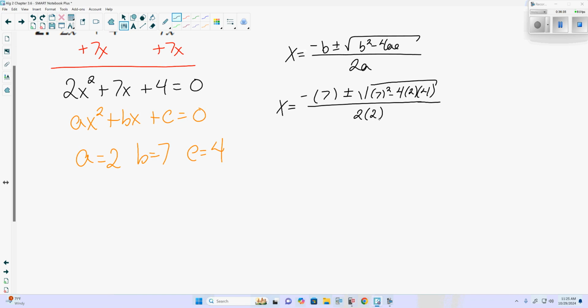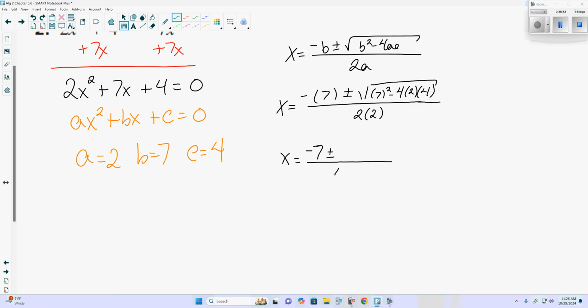All right. Questions on this here so far, how we plugged in A, B, C? All right. Now let's do some simplifying. Our negative 7 is just negative 7.